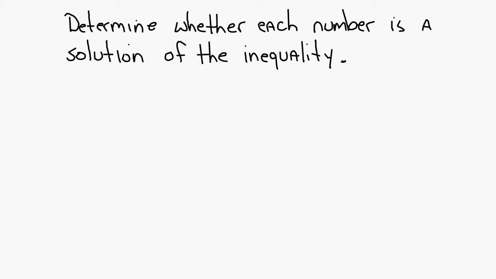And let's say that you're given 4x plus 2 is less than -6. And you've got a is 0, and b is -2, and C is 1.